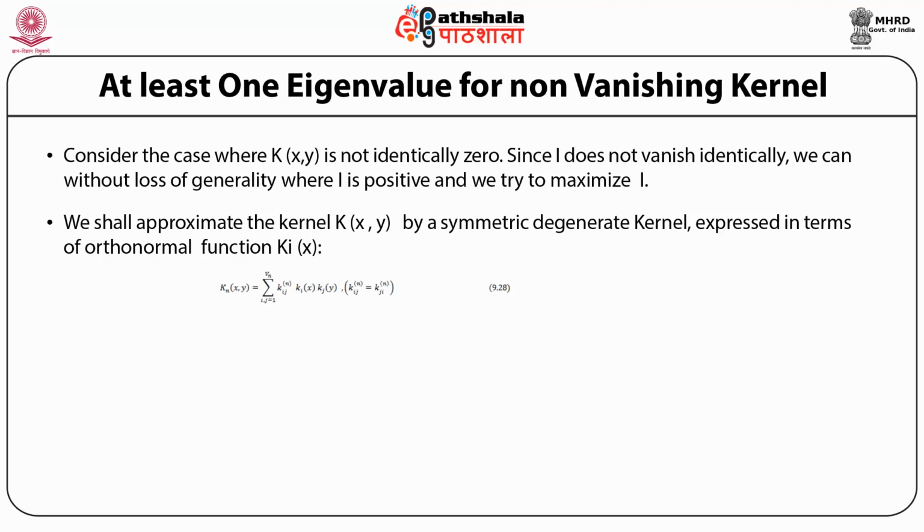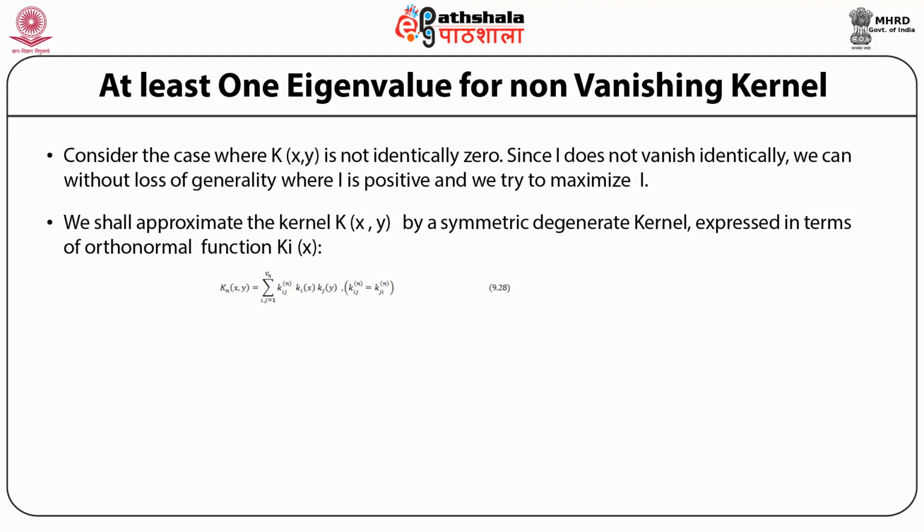If the integral is less than 0 always, the kernel is called negative definite. If the integral can be sometimes positive and sometimes negative, the kernel is called indefinite. So the kernel type depends on the value of the integral, whether it is positive or negative.